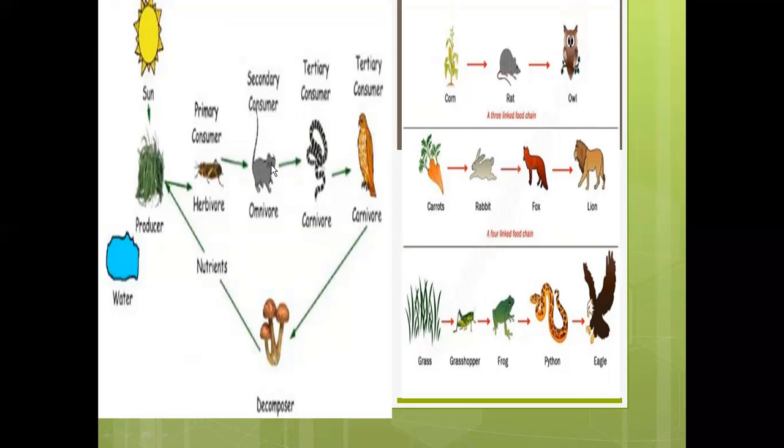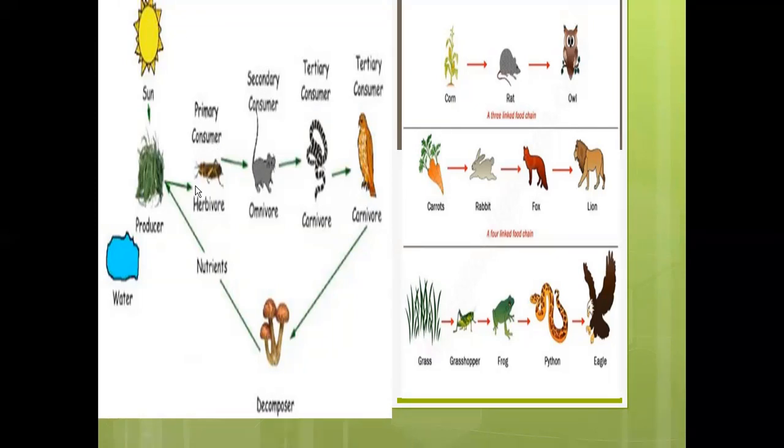On the left side, the figure illustrates more food chains from the sun, primary, secondary, and tertiary consumers, and all these food chains combine together to produce the food web.